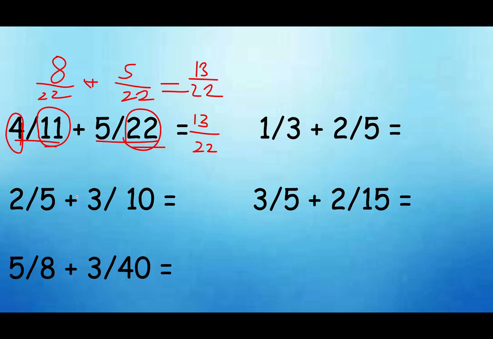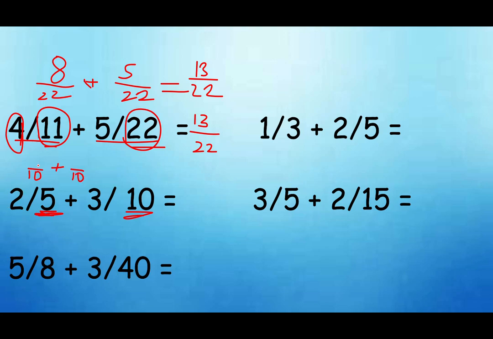In the second question, we have 5 as the denominator in the first fraction and 10 in the second. 5 times 2 is 10, so whatever we do to the denominator, we do to the numerator. So 10 is the denominator, add the second fraction.